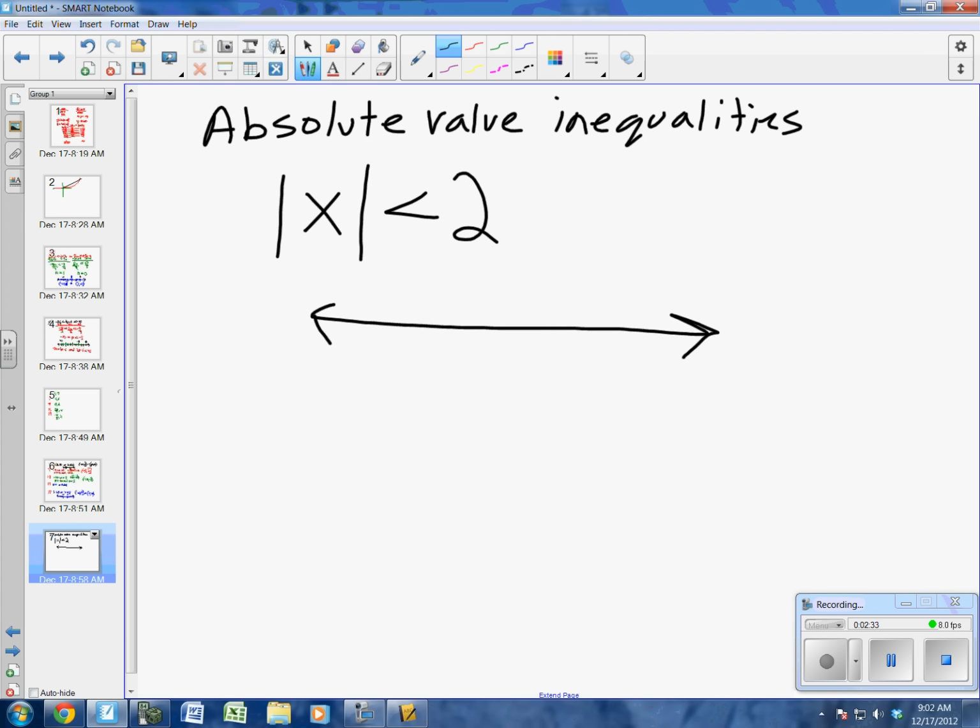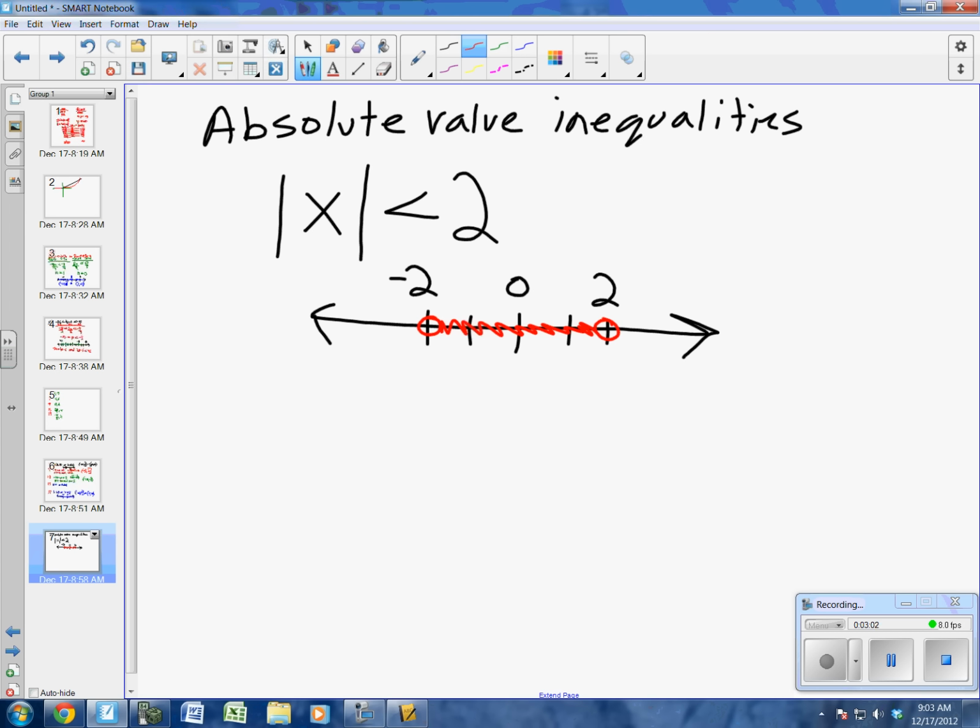So if I was to graph, what would the graph look like? Open circles at negative 2 and positive 2? Which way would I be going? In between? Wait. So negative 1 is less than 2, absolute value. Okay, so we have the numbers in between.